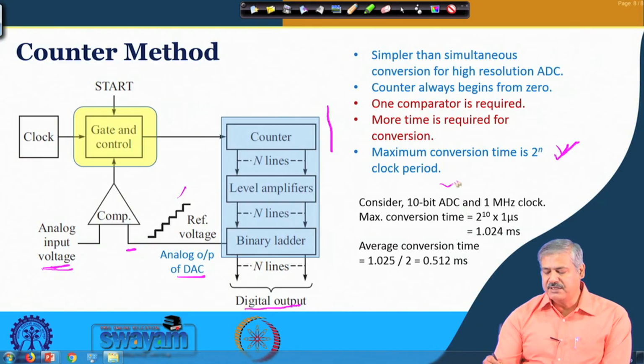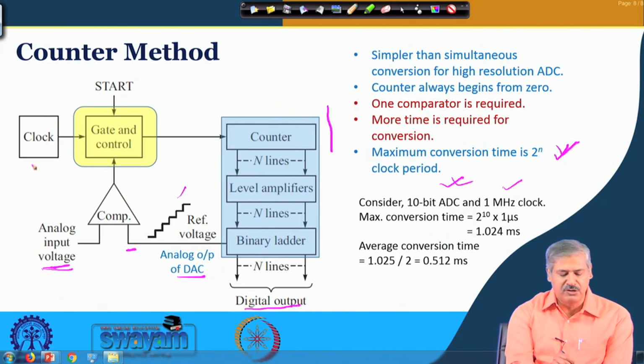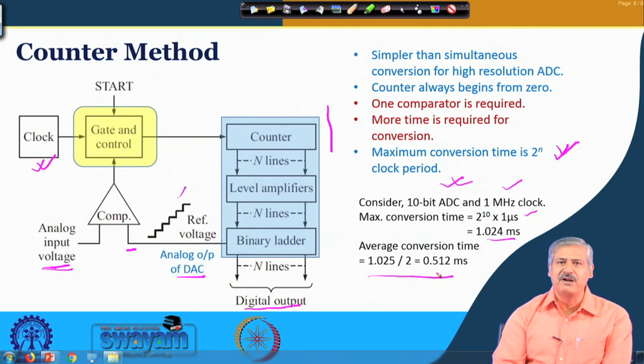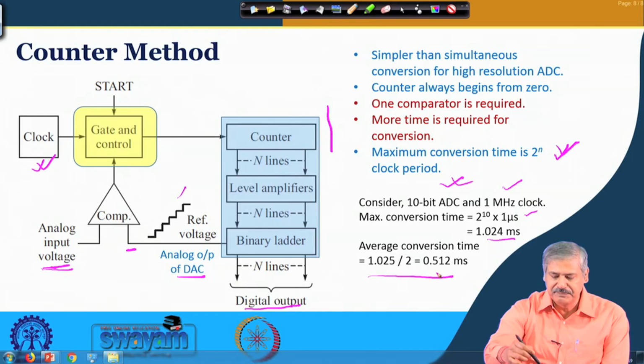If it is a 10 bit ADC we are talking about and a 1 megahertz clock is used, then the maximum conversion time is 2 to the power 10 into 1 microsecond. So, it is 1.024 millisecond, and on average, because some inputs will be high and some low, it will be the average of these two, so about 0.512 millisecond. So, it is much slower, but the number of comparators required is less and the circuit is simpler.